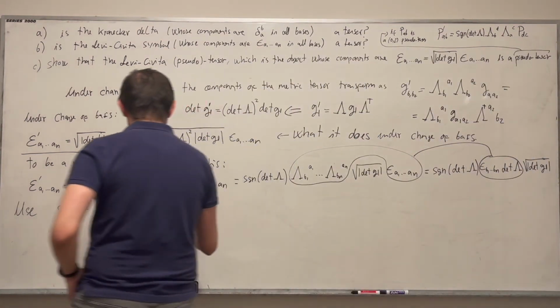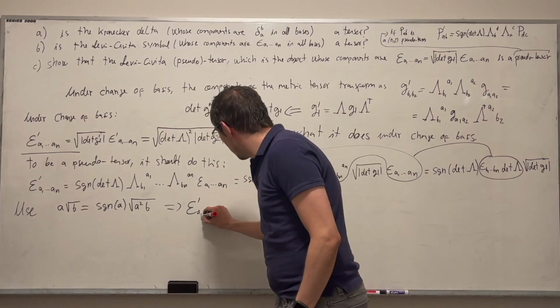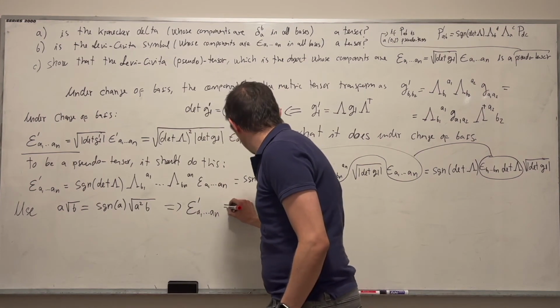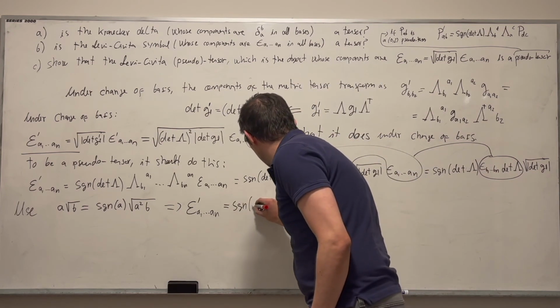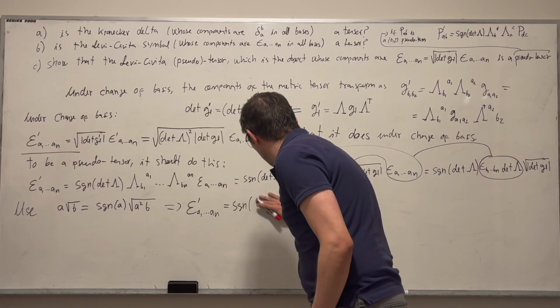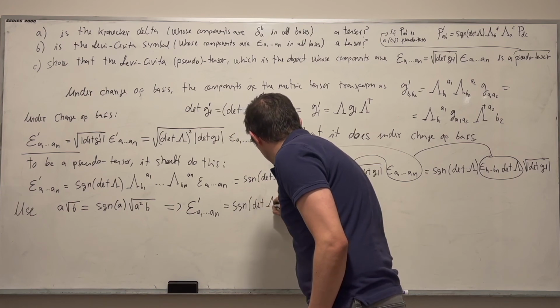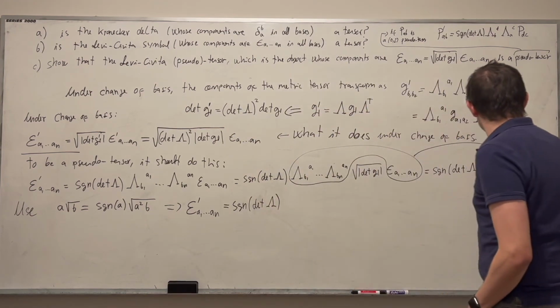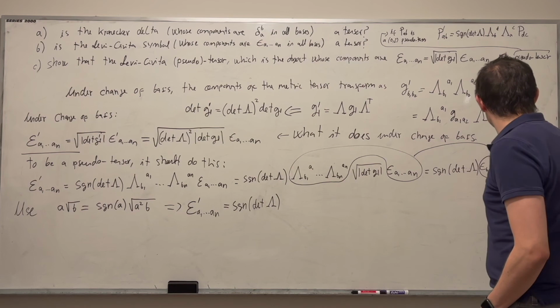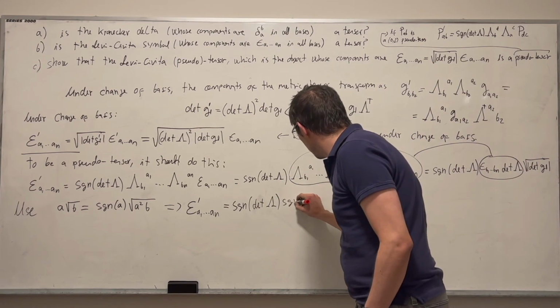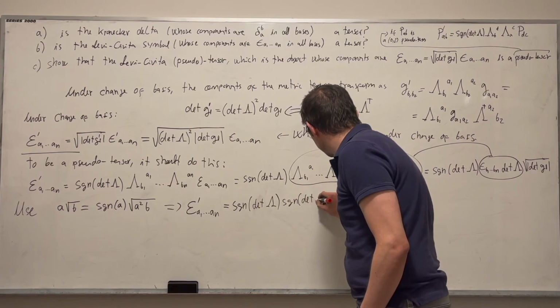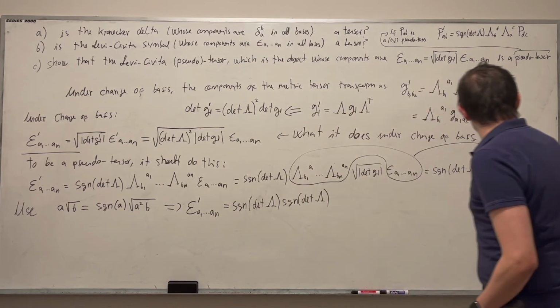And let's do it. So the tensor A1, AN is equal to the sign that I had from before, sign of the determinant of lambda, and then I put the determinant inside, so that's another sign of the determinant of lambda, right? And then I get the square root.